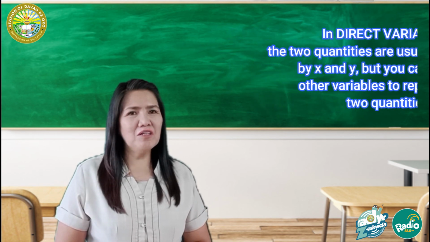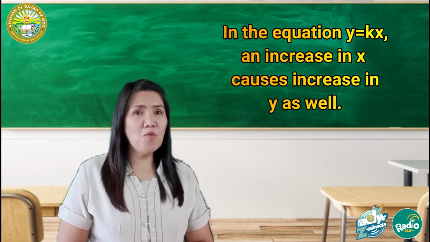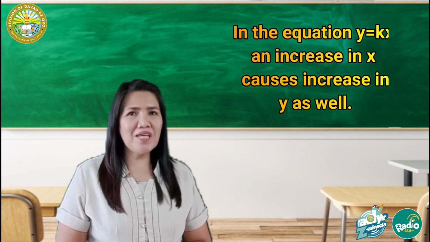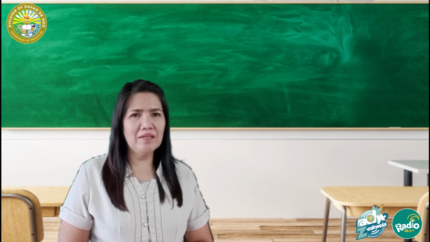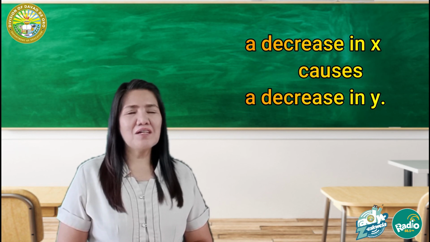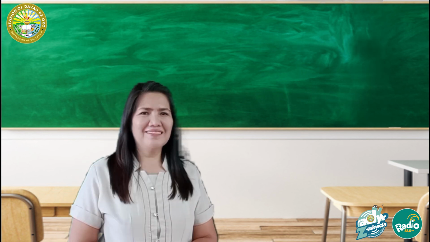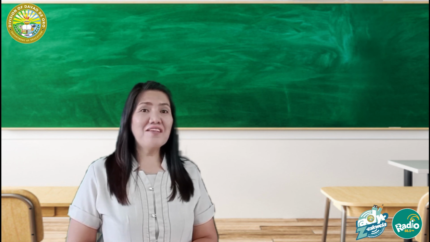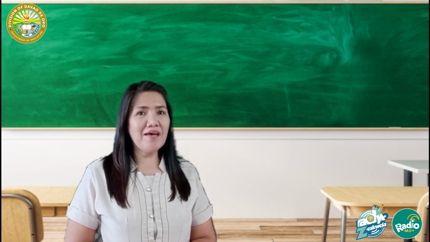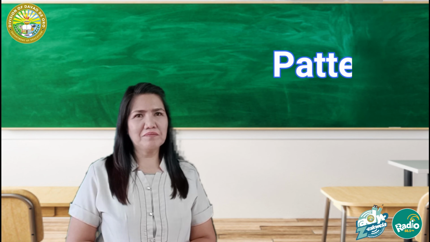In the equation of direct variation, which is y equals kx, an increase in x causes increase in y as well. Similarly, a decrease in x causes a decrease in y. In determining whether a table of values expresses a direct variation, always look for a pattern.